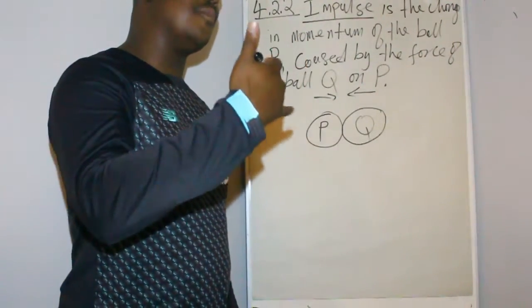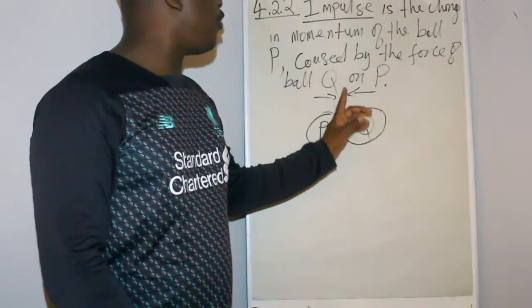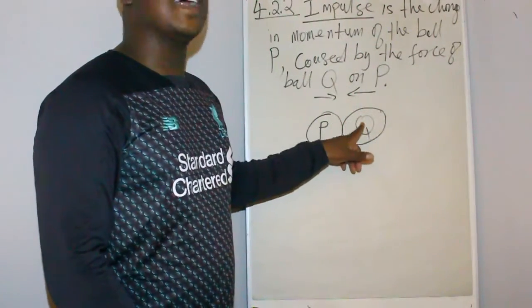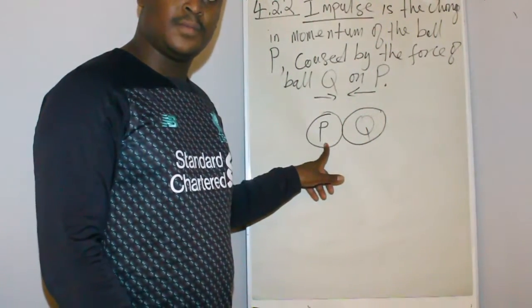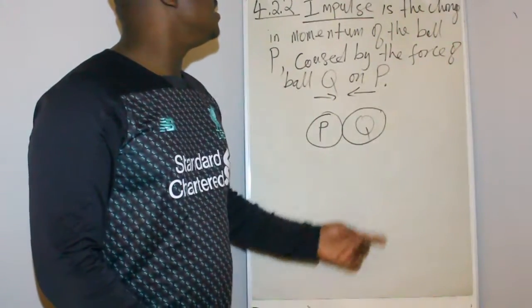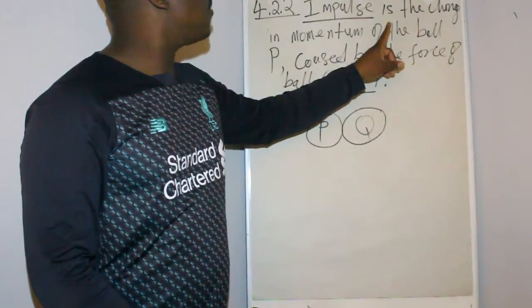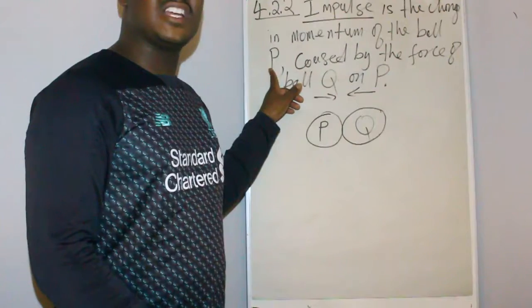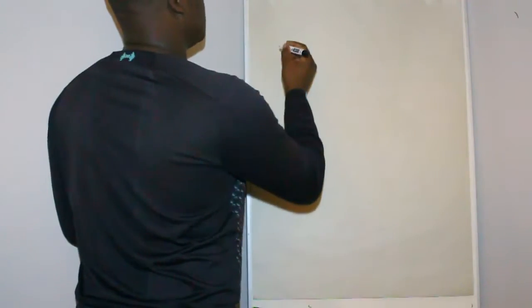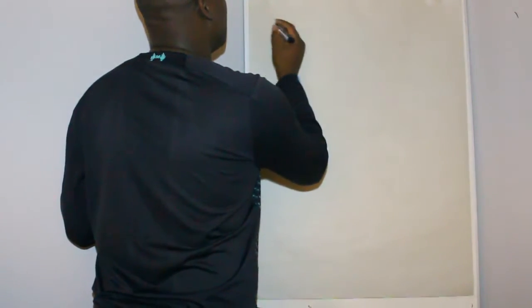But what causes the momentum of the ball to change? It is the force of another ball, Q, on P. So what they want us to find is the impulse, which is the change in momentum.